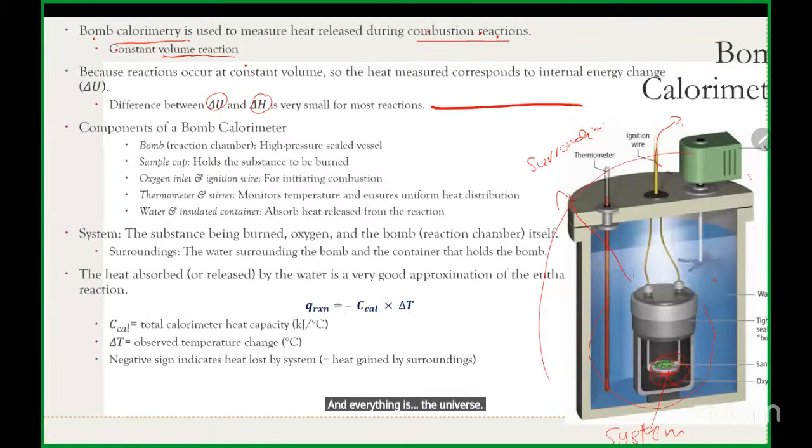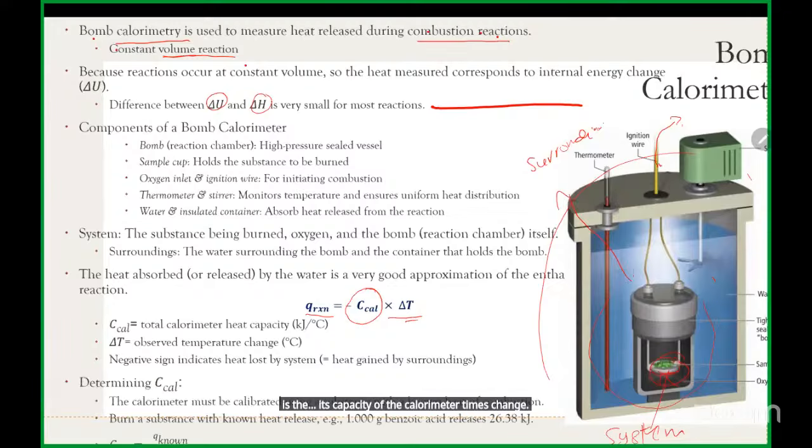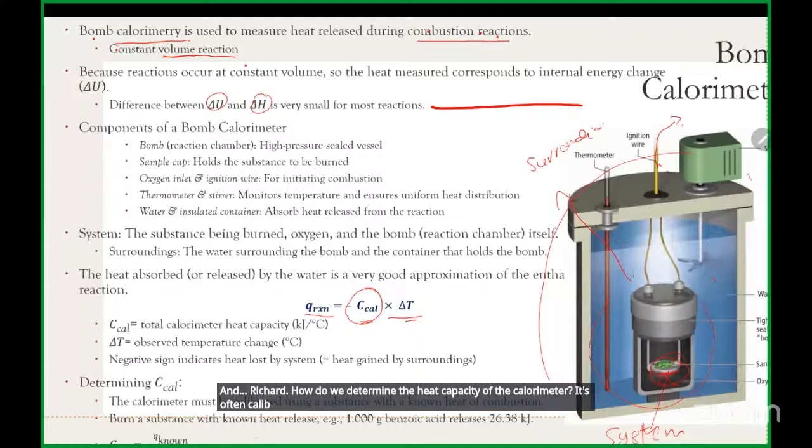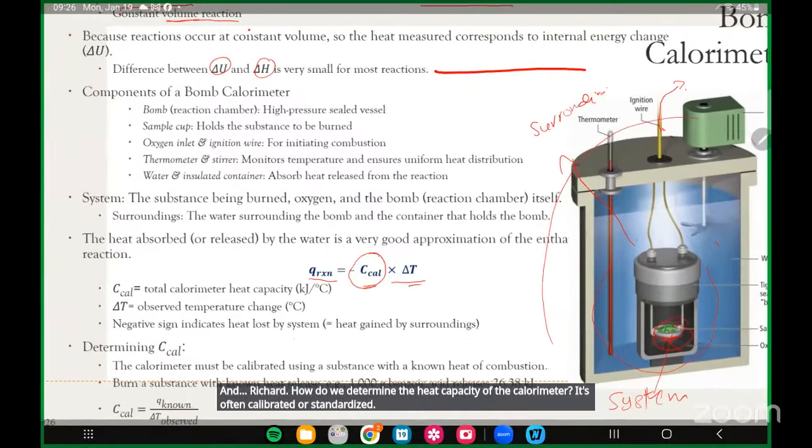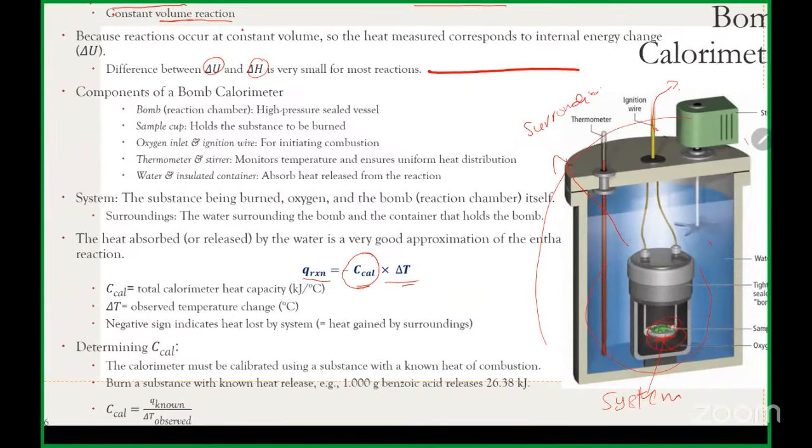So the heat absorbed for the reaction is the heat capacity of the calorimeter times the change in temperature. How do we determine the heat capacity of the calorimeter? It's often calibrated or standardized by burning a substance whose heat capacity we know inside the system.